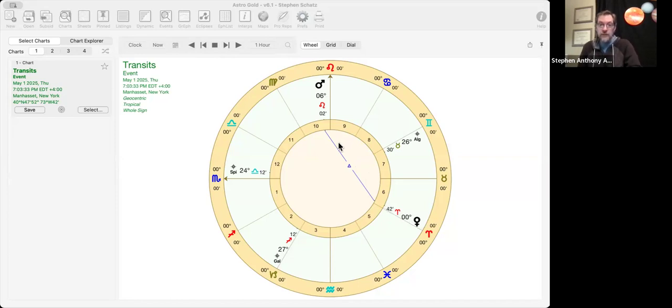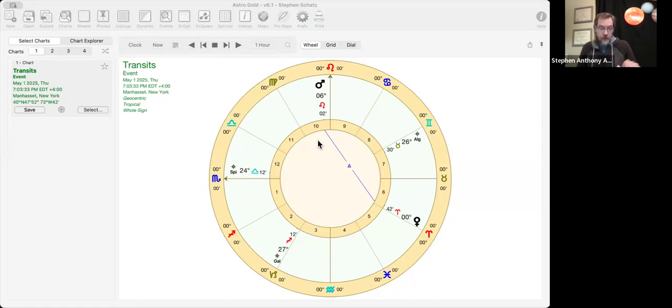This is like a 5-degree orb, because Mars is at 6 degrees and 2 minutes, and Venus is almost at 1 degree of Aries. So this is a trine by orb.